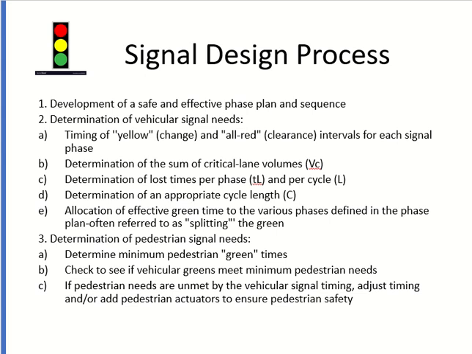You can see step 2 and 3 have more than one activity. The first step is to develop the phasing plan for the signal. Phasing plan means you decide which movements are allowed together to go in one phase. And you decide their sequence as well.